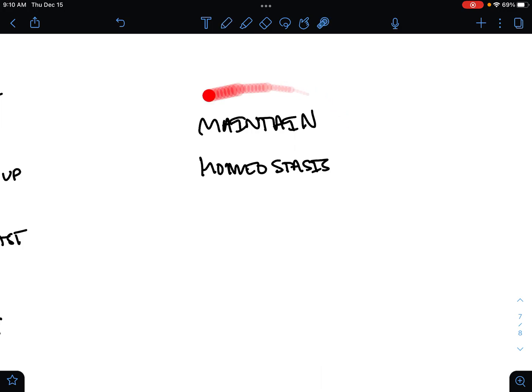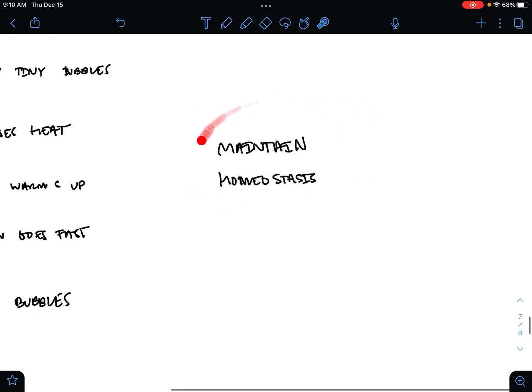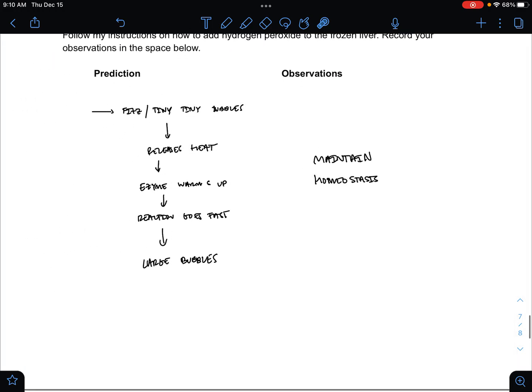So having a consistent internal temperature and having a consistent internal pH is super important to maintaining proper enzyme function in our body.